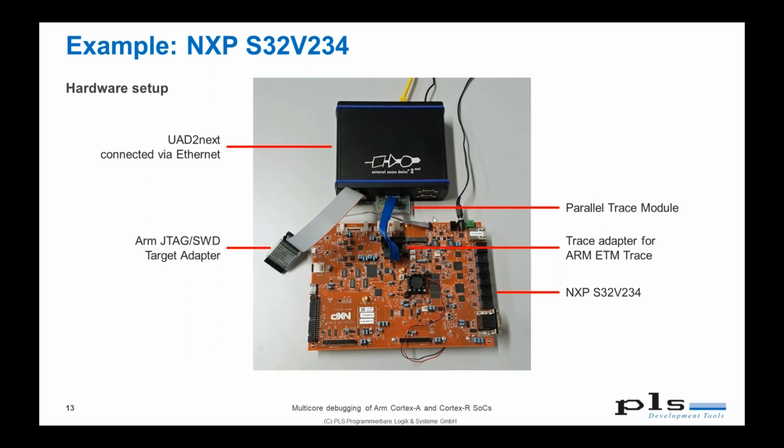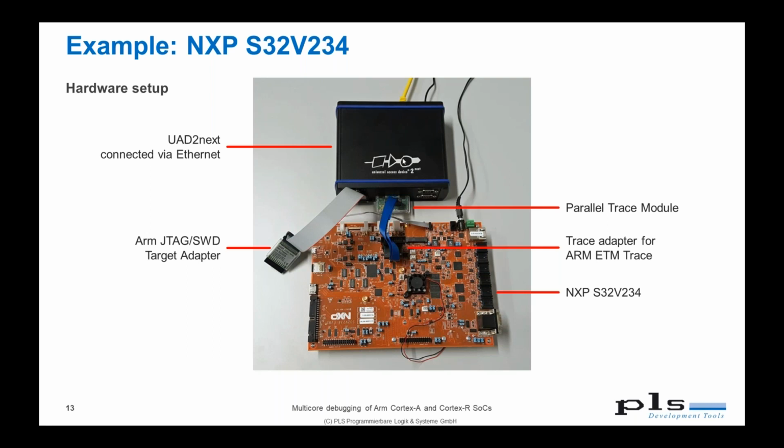We have a JTAG interface, or SWD interface here, and also a connection to the trace port of that device with a plug-in module to capture the trace information into the device trace memory.